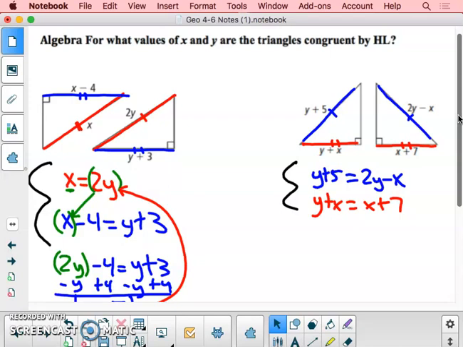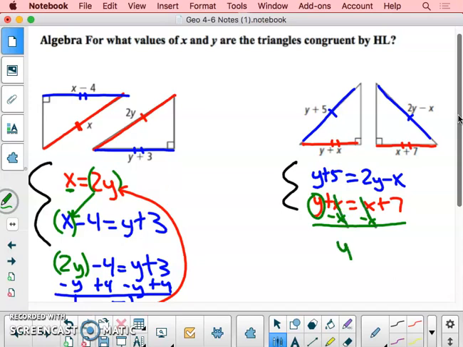But something nice happens to us here. If I try to get this y all by itself, I would have to subtract x from both sides. And what happens there to change that equation is the x's will drop right out of this equation. Meaning, if I solve that one for y, I already get my y value.